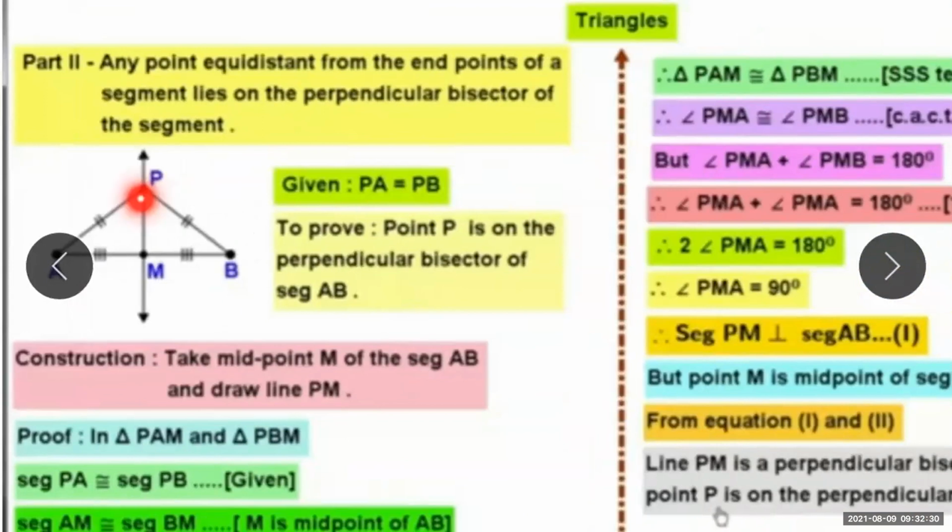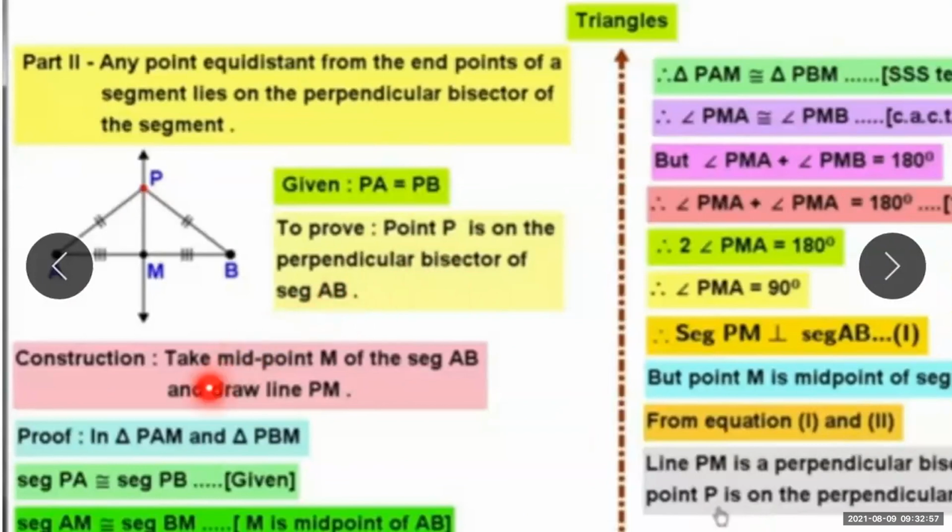That P is a point on the perpendicular bisector. So see the proof here. What to write here to prove that point P is on the perpendicular bisector of segment AB? Yes, point P is on the perpendicular bisector of segment AB.